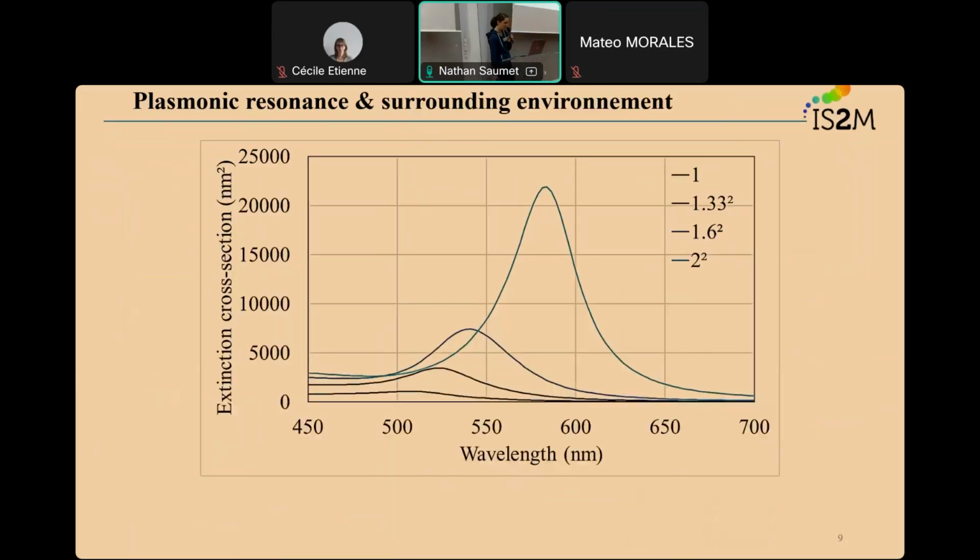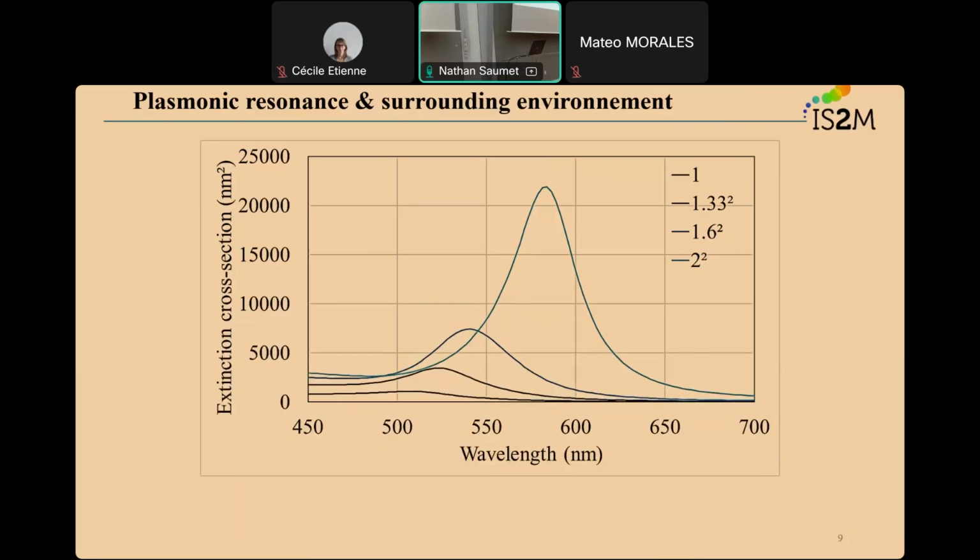And the last one, which is interesting, is the fact that the plasmonic resonance is also dependent on the surrounding environment. So here, I plot the extinction cross-section of a sphere in air, so with a surrounding environment with a refractive index of 1. If I plot the same, but for particles inside water, so with this refractive index, it will shift the plasmonic wavelength.